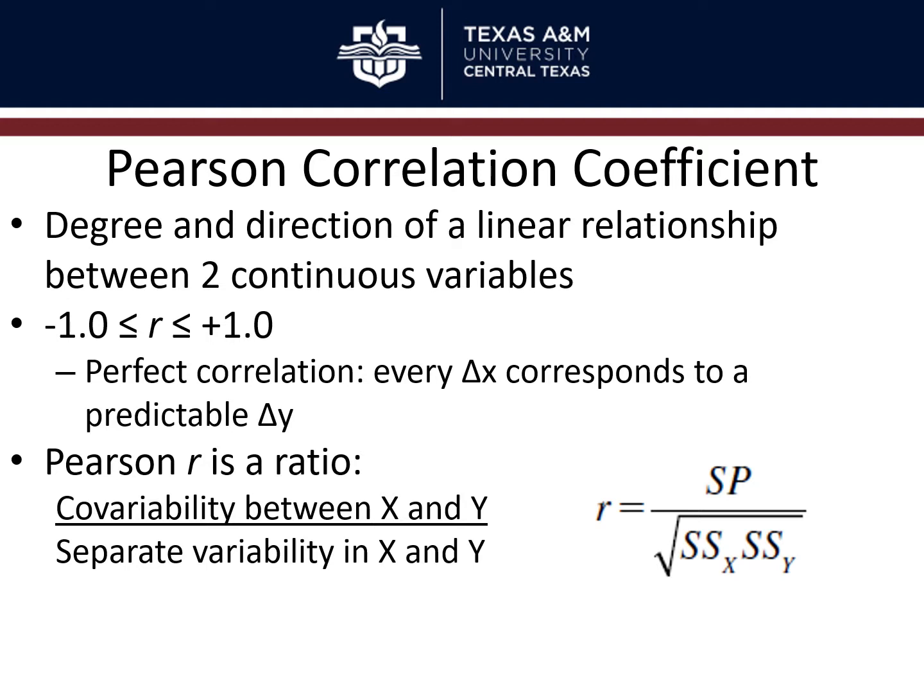We have R equals SP over the square root of sum of squares X, sum of squares Y, where SP is your sum of the products, which is really kind of just a sums of squares of variability. So you've got a ratio of sums of squares to another measure of sums of squares, right? Because if you've got sums of squares times sums of squares, it's basically a sums of squares squared, taking the square root of it to bring it back down to a sums of squares.